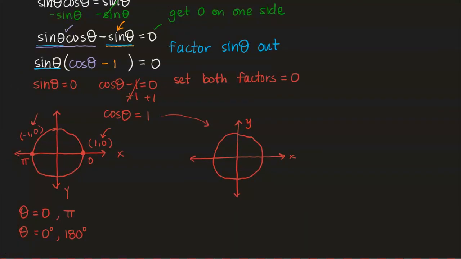Cosine is the x-coordinate, and the x-coordinate's only equal to 1 right there, which is again at 0 radians or 0 degrees. So I don't have to write that again. This could be radians or degrees because we already have it captured in the first set of solutions. So this equation has two solutions and there they are, both in radians and in degrees.